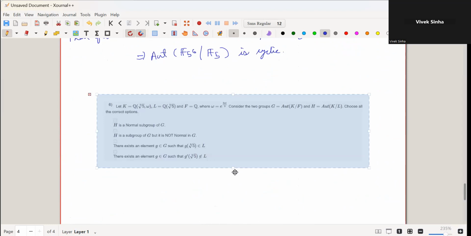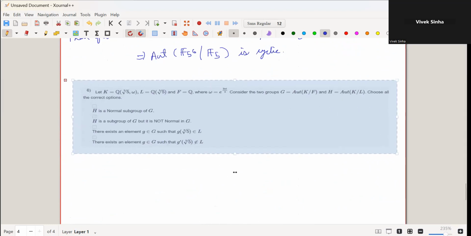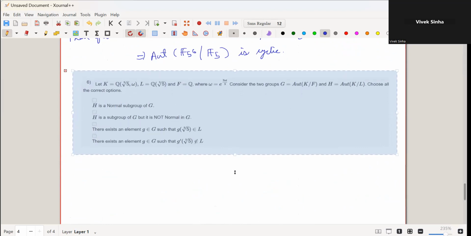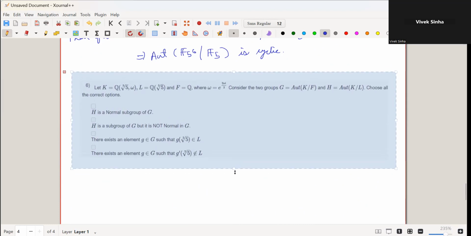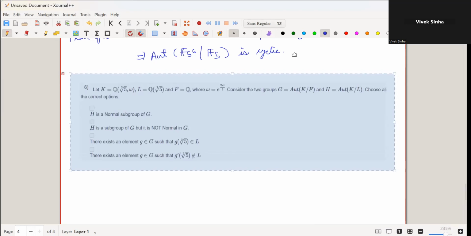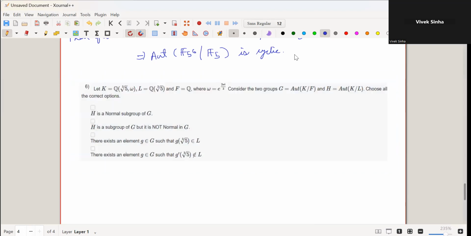Okay, let's move to the next question, which says: let K be the extension of Q adjoining the third root of 5 and omega, L is the extension adjoining Q with the third root of 5, and F is just Q. There are two groups: first the automorphism group of K over F, and second the automorphism group of K over L. Then we have to choose all the correct options.